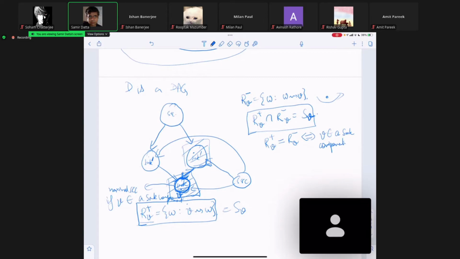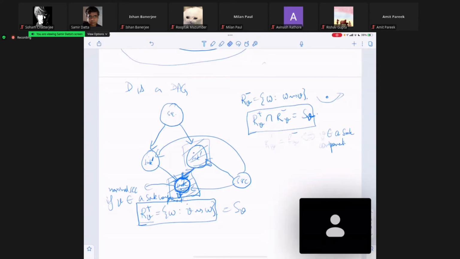Meaning everything that can, no, is that correct? It shouldn't be, because there will be vertices in other components which also. No, this is not wrong. Sorry, I made a mistake.